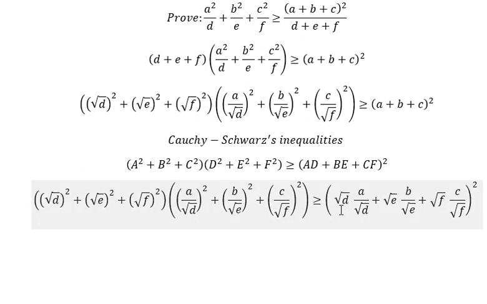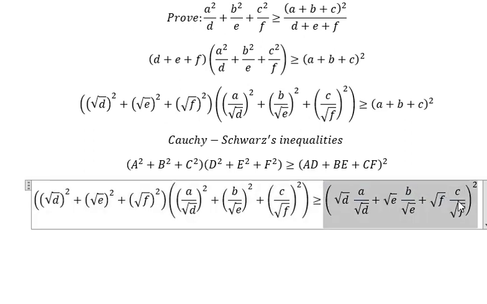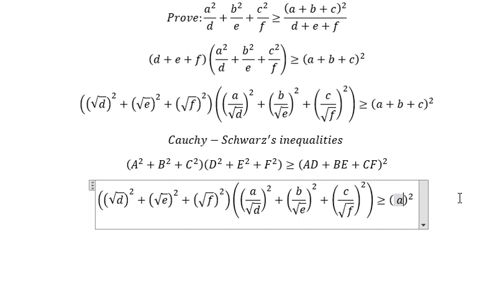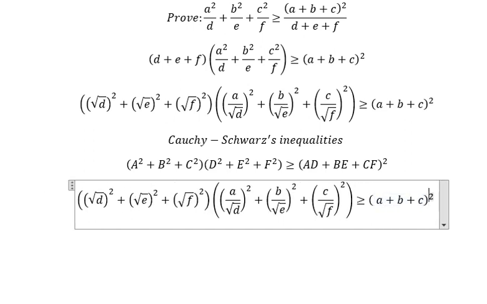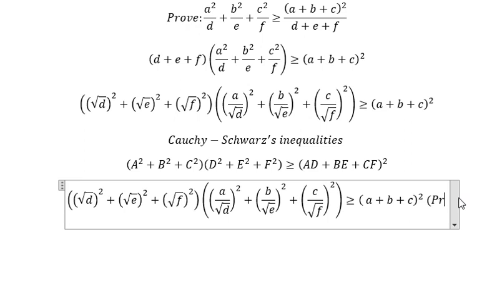Now we simplify this one, and we have a plus b plus c, and this is the final answer.